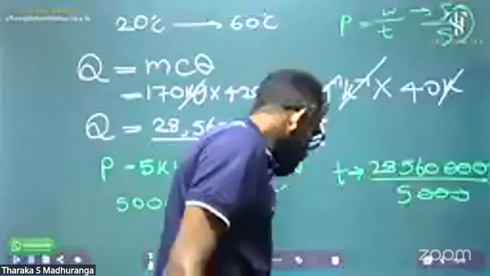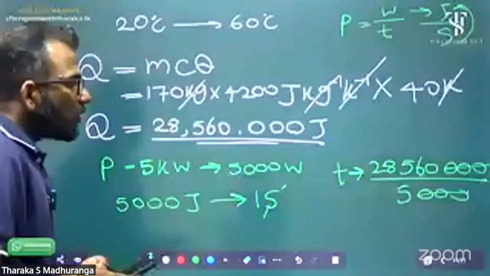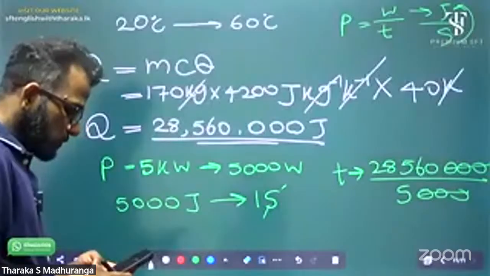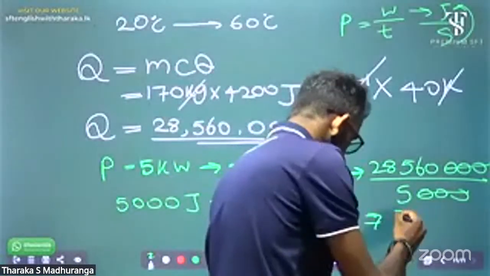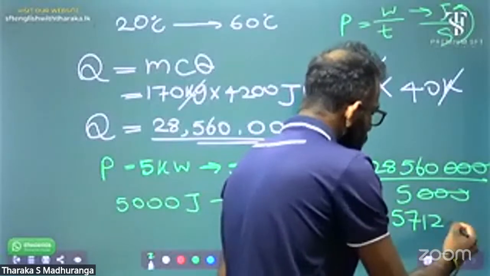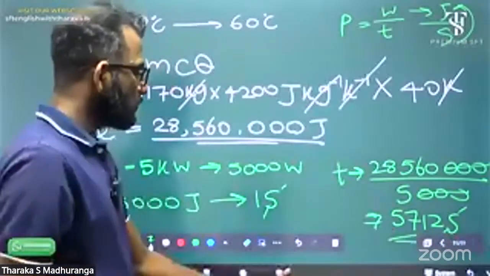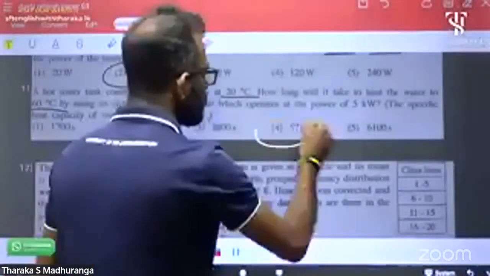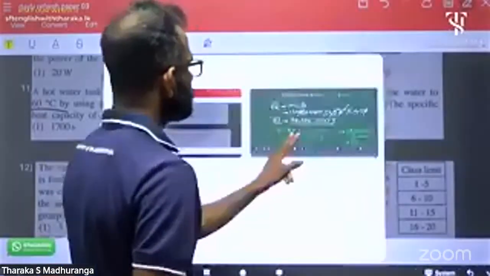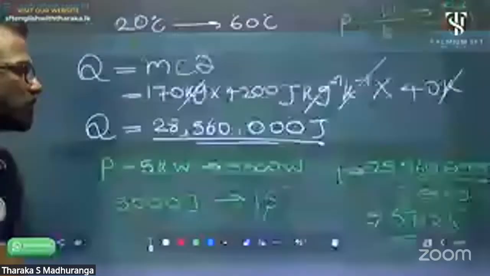The zeros cancel out. 28,560 divided by 5 is 5,712 seconds. Answer number 4. Please note it down, and if you have any mistake, correct it.